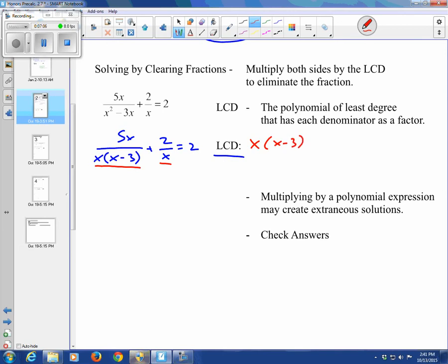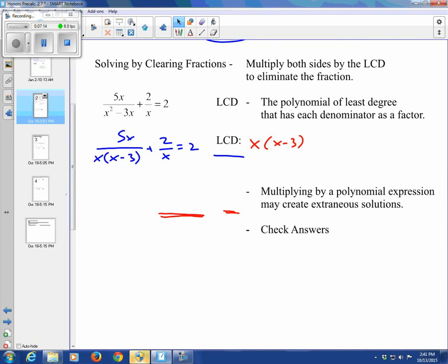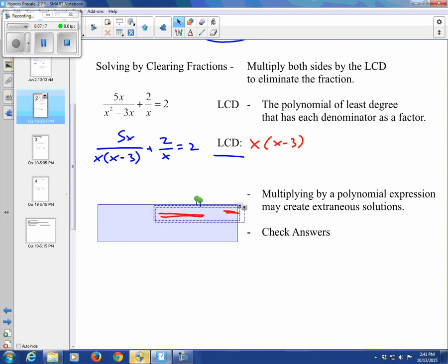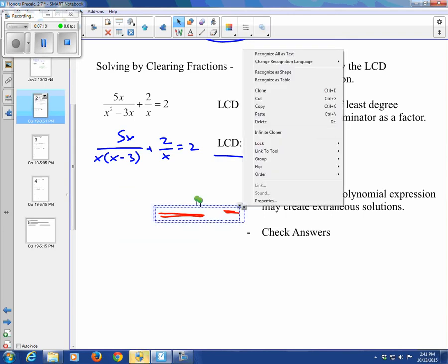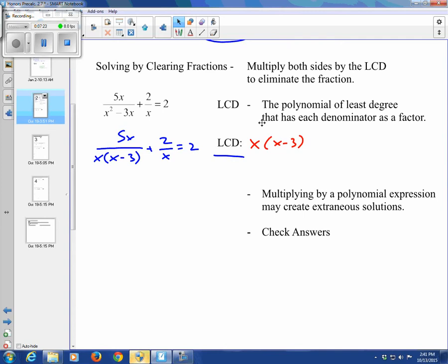This has x as a factor, and it has x times x minus 3 as a factor. So we can go ahead and multiply by that least common denominator on both sides, and get rid of the denominators for our rational equation.